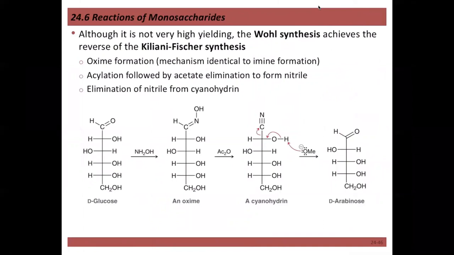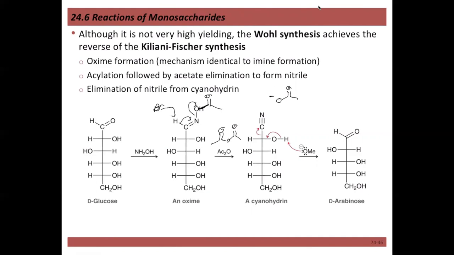So let's talk a little bit more about the mechanism of how we convert an oxime into a cyanohydrin. When you react your sugar with the acetic anhydride, what you actually do is convert that oxygen off the oxime into an ester-like derivative. And then when you add a base, I'll just make a general base, you do an E2 elimination, and you kick off this acetate, which is actually a decent leaving group.